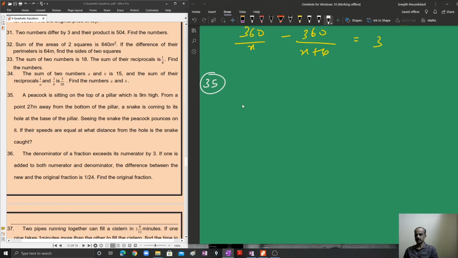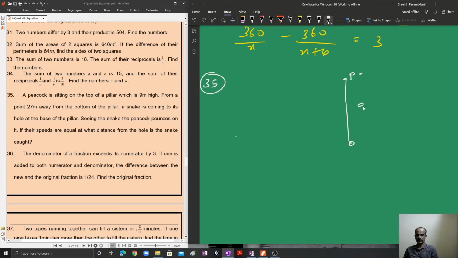A peacock sitting on the top of a pillar which is 9 meter high. So there is a pillar which is 9 meter high, PQ. P is the peacock, the position of the peacock.